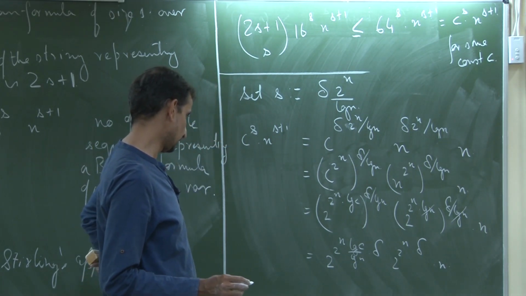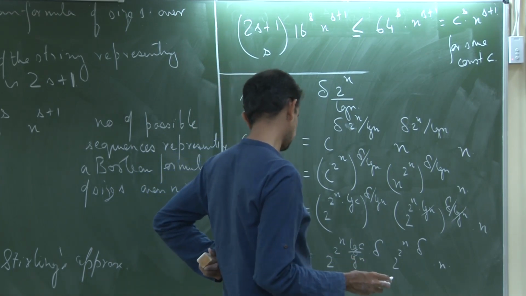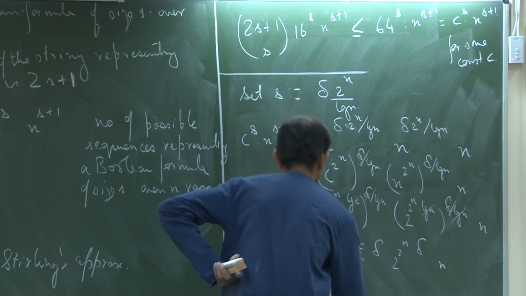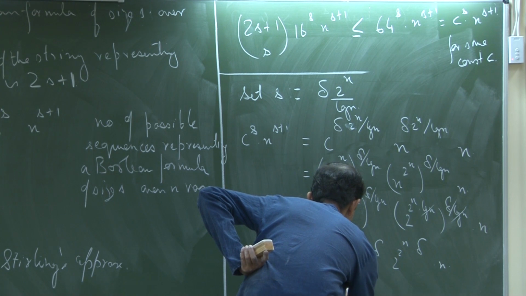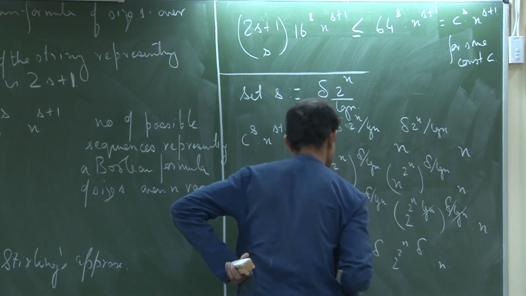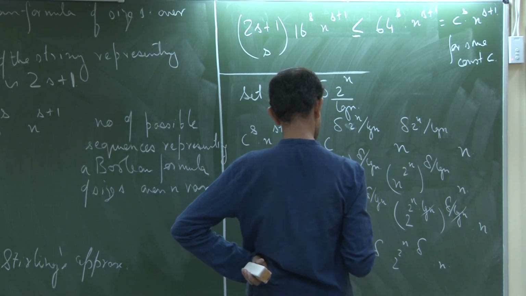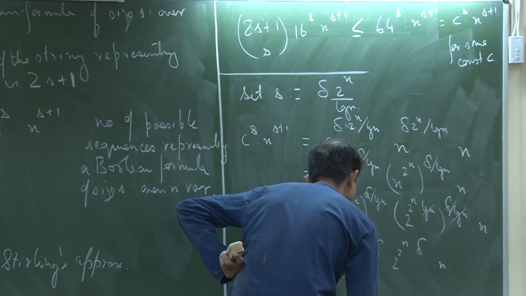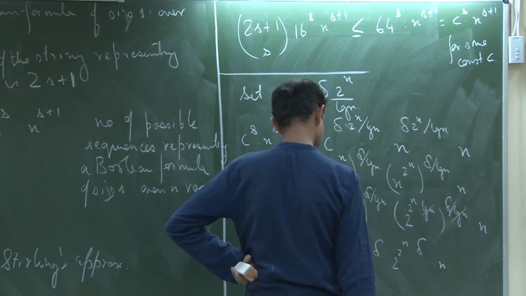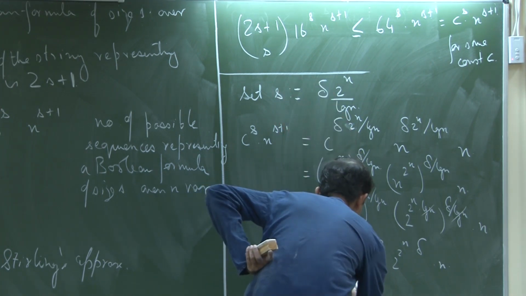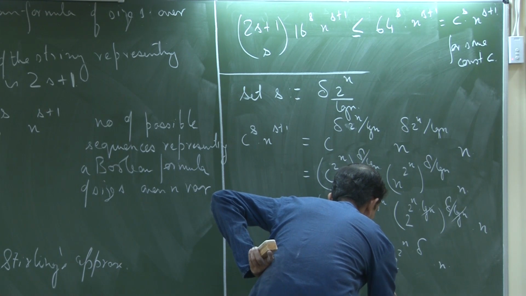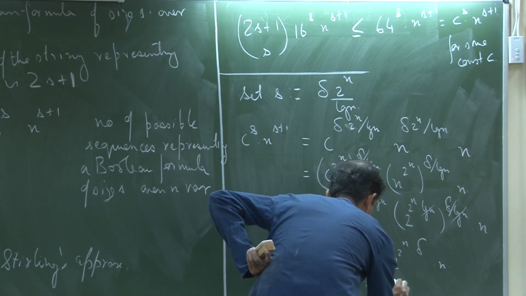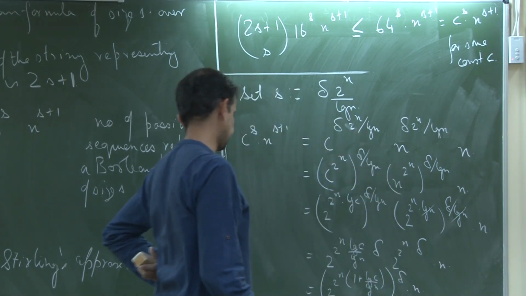So this is what? One plus log c by log n, whole to the power of delta times n, right?